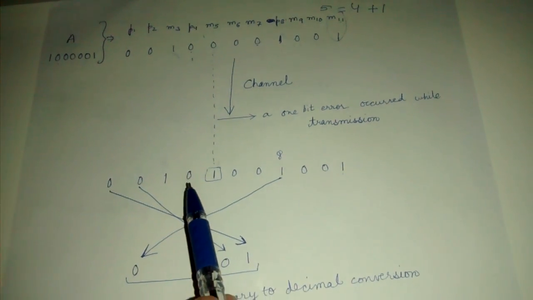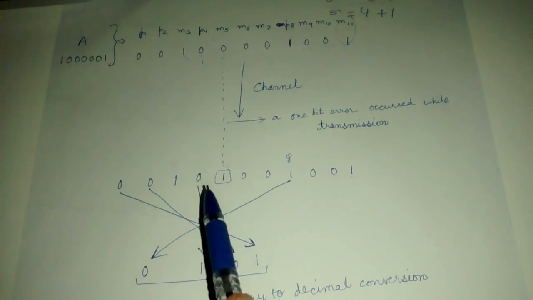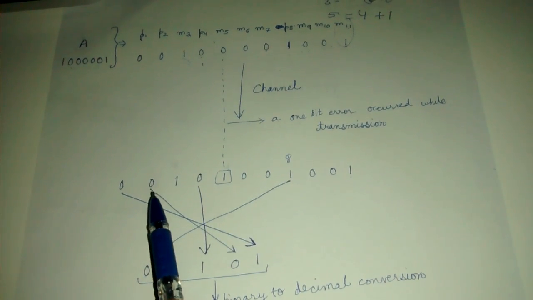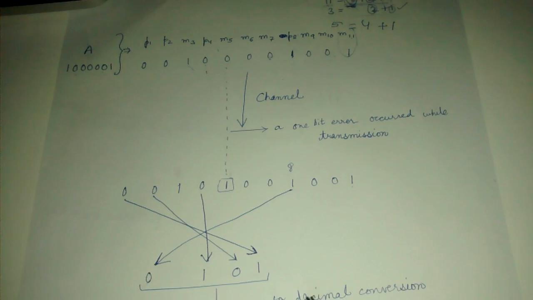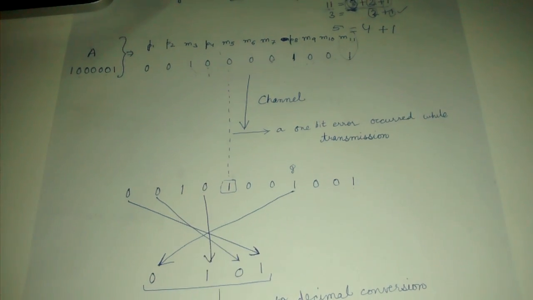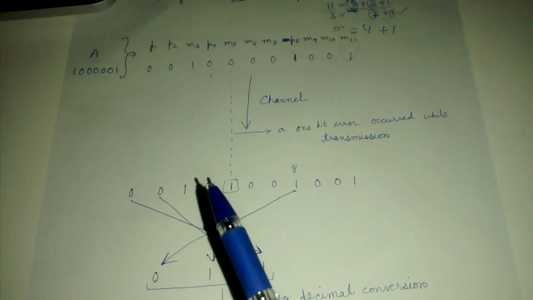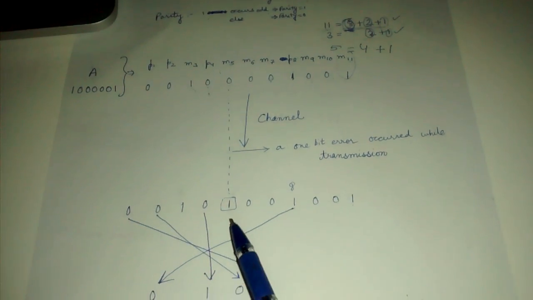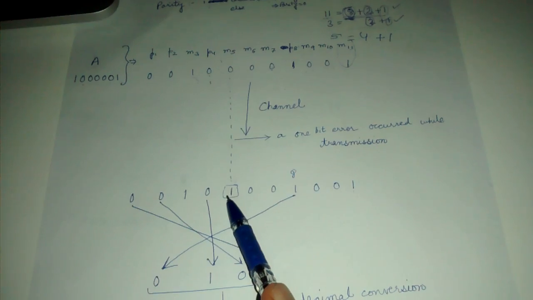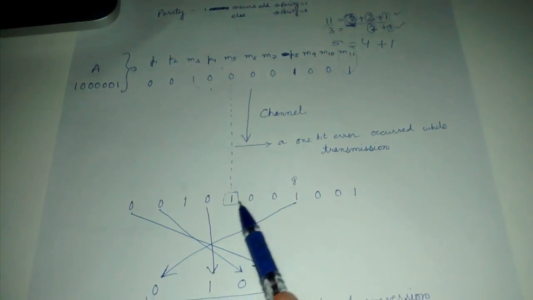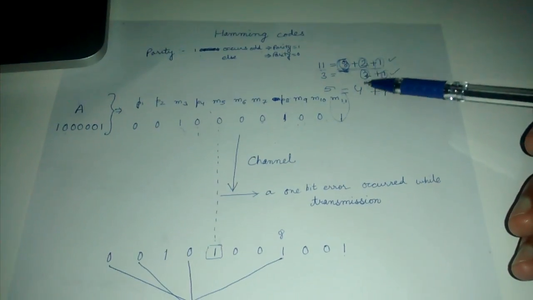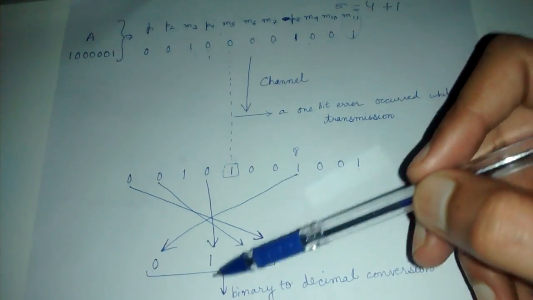Now we compute the next parity, the parity of the 4th bit, which comes as 1, because 4 is present only in the 5th one, that's all. The representation of 5 has 4 present, so the parity is coming as 1.